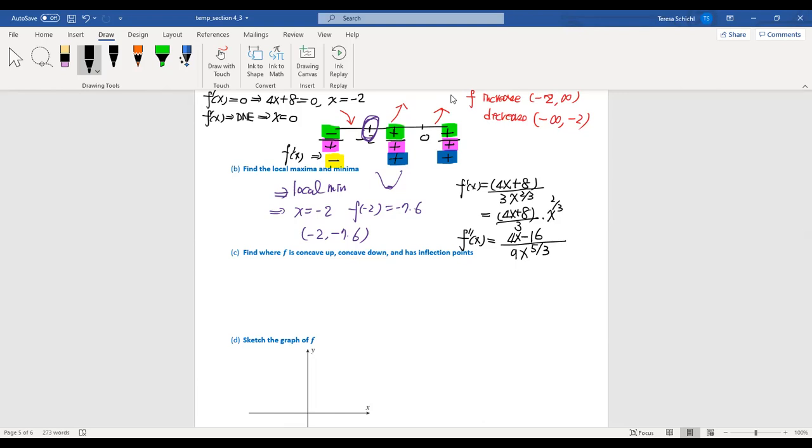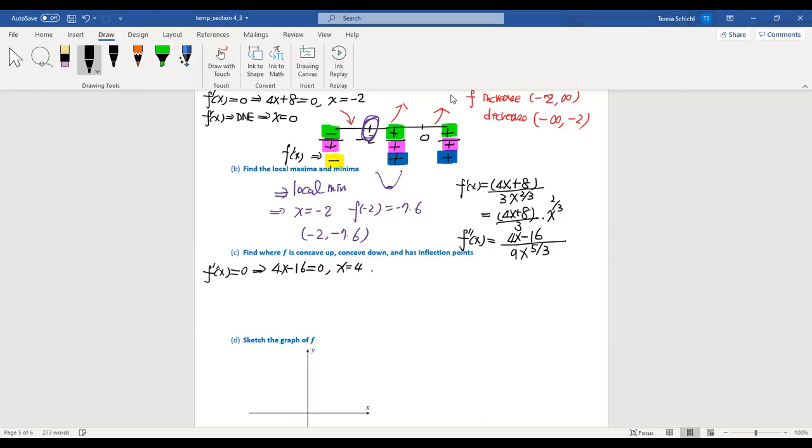You can verify my calculations. We know the inflection point could happen when the second derivative equals 0. Because it's a fraction, only the numerator can equal 0. So 4x minus 16 equals 0. So x equals 4. Good.